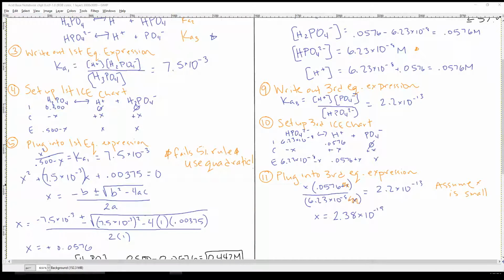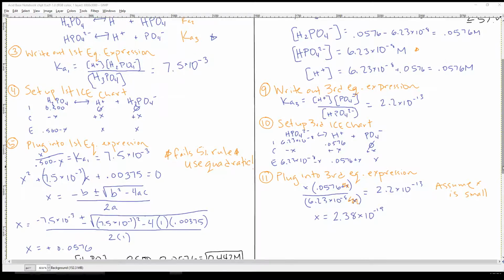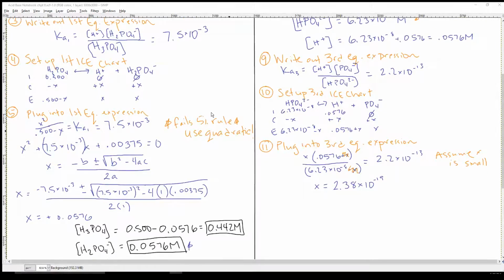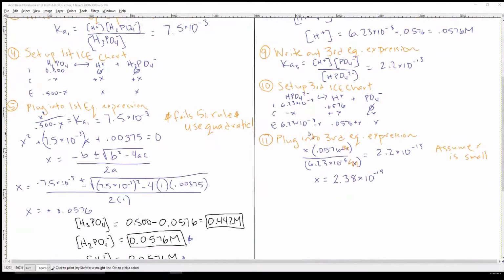Before we can do anything with this x value, we need to check the 5% rule. So let's see, how did I do that last time? I did it in black on the side. Okay. So check 5% rule. Again, you should put this all vertically on your copy. I'm just trying to save space.